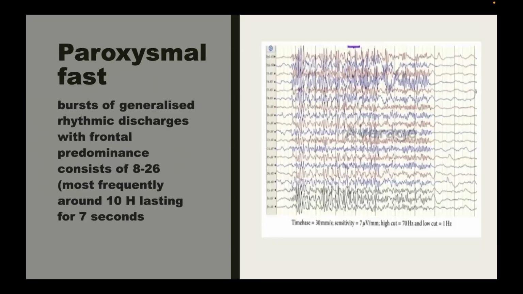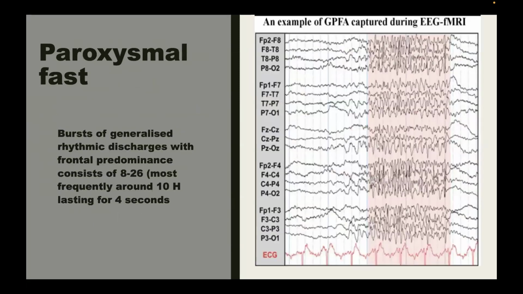The third example is paroxysmal fast activity. In this record, we have a paroxysmal fast discharge, most frequently 10 hertz, lasting for 7 seconds. This is an ictal event. Here again paroxysmal fast activity, around 9 to 26 hertz, most frequently around 10 hertz, lasting for 4 seconds.